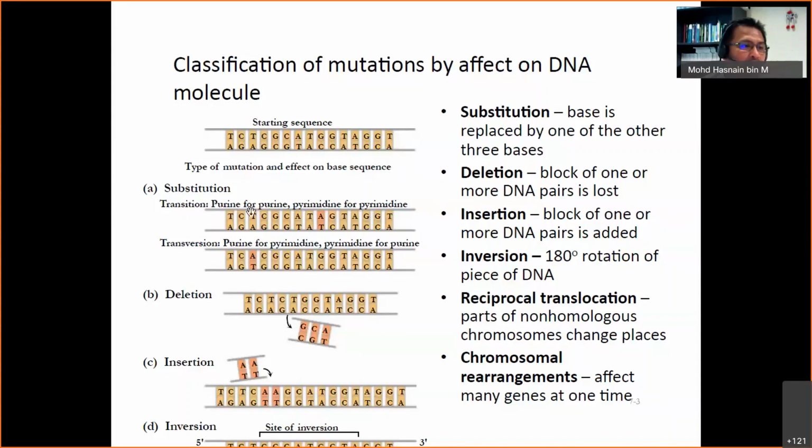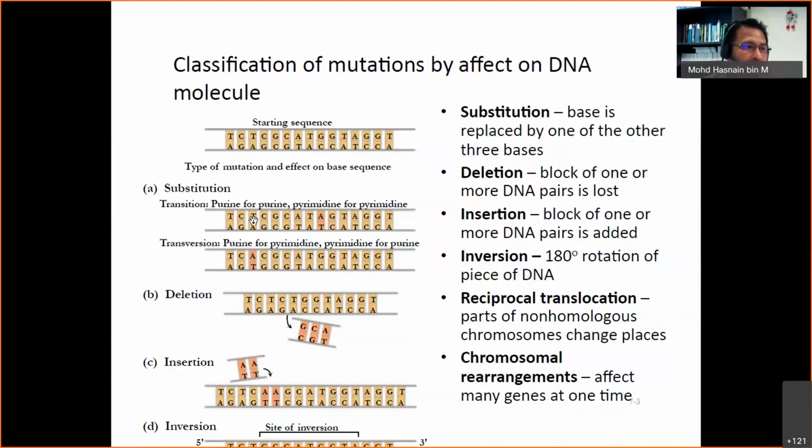Purine A changes to purine G. Okay, AT becomes GC. So A is purine, G is purine. That is the transition.